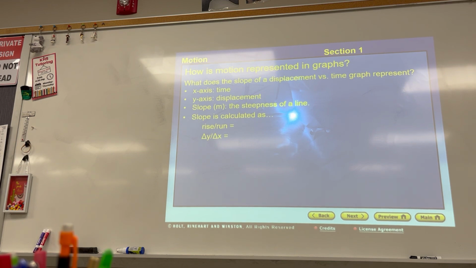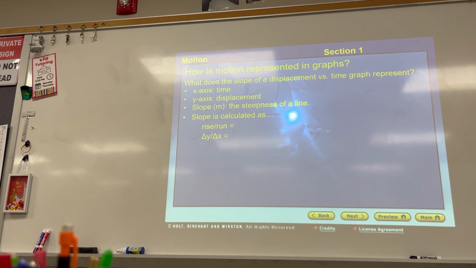Well, hold on a second. If we're looking at this specific graph with displacement and time, what is on the y-axis? For what we're talking about today? Look at your notes. What's on the y-axis? Displacement.